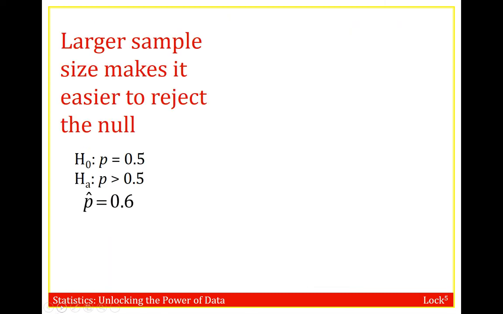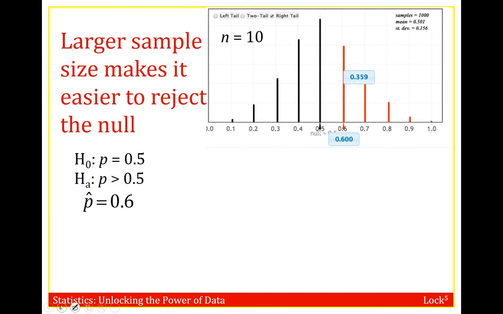Larger sample sizes also make it easier to reject a null. So if we have a null of 0.05, nothing going on, and we're looking to measure greater than 0.05, and we get a p-hat of 0.06. First of all, I get a p-value under a random distribution of 0.359, and notice there were n values of 10. 10 things were measured.